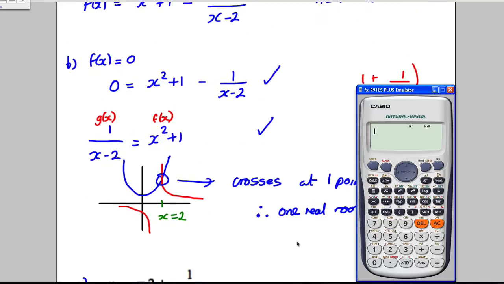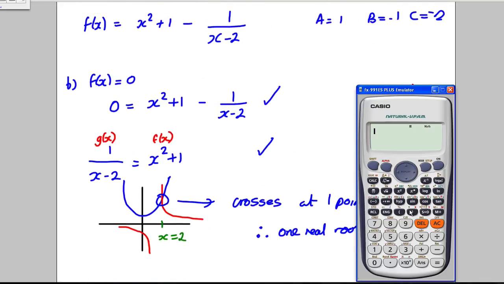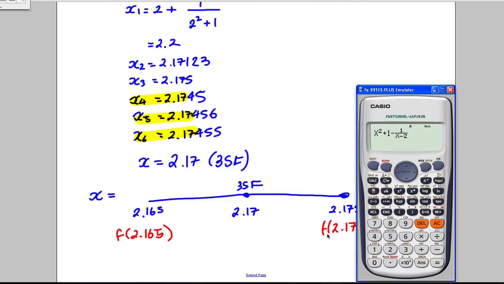Back to your original function up here, and your original function was x squared add 1, okay, your f of x, take away a fraction 1 over x subtract 2. So that's your function there. And you're going to evaluate this, calculate this at 2.165, and you get yourself a negative answer.